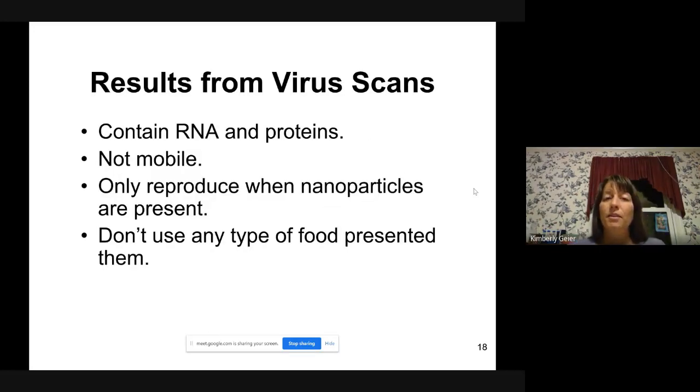So we scan these little Mars mystery objects, and these little tiny potential viruses that are stuck to our nanoparticles do contain RNA and proteins. They don't move. They only reproduce when nanoparticles are present, and they don't use any type of food presented to them.